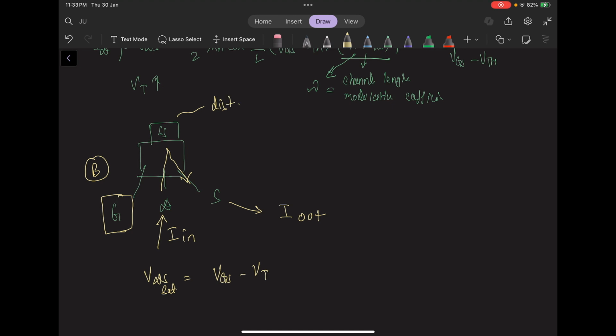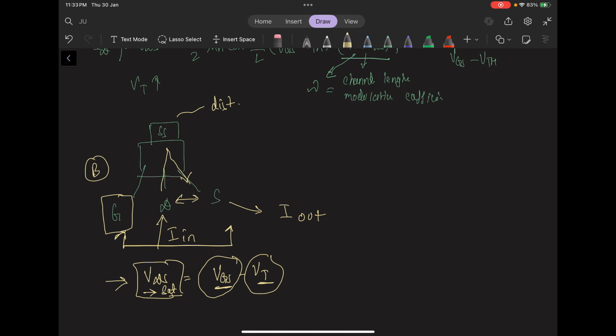Now, the drain to source voltage at the saturation point can be measured as VGS, the gate to source voltage, minus the threshold voltage. So VGS minus VT will give us the VDS saturation.